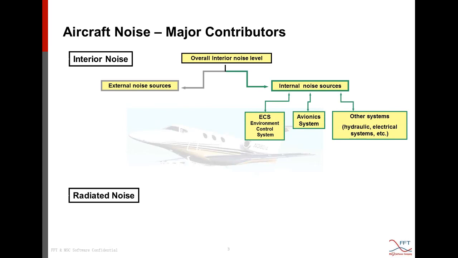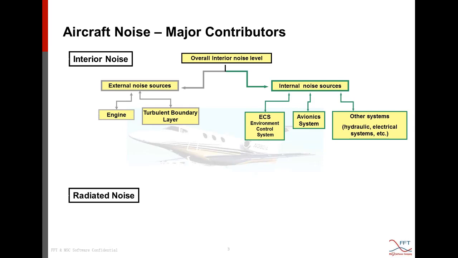Now, for sources that are located in the aircraft, we have noise sources from, for example, the environment control system, the avionics electronic system, or some hydraulic system noise, etc. While these interior noises are sources to the perceived interior noise by the passengers, the main contribution to the interior noise is actually coming from the exterior, mainly from the engine.